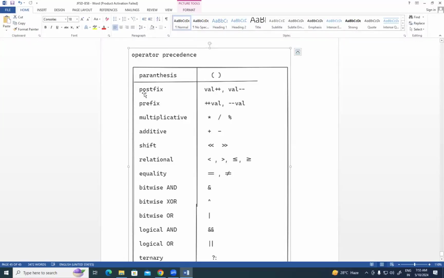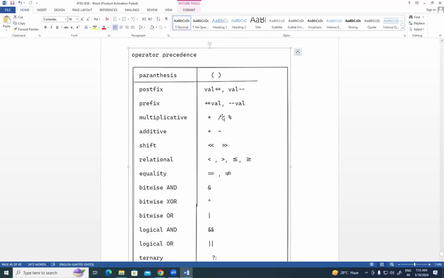After that, postfix will be executed. Then prefix will be executed. Folks, am I clear? Then multiplicative will be executed. Who are the multiplicative operators?